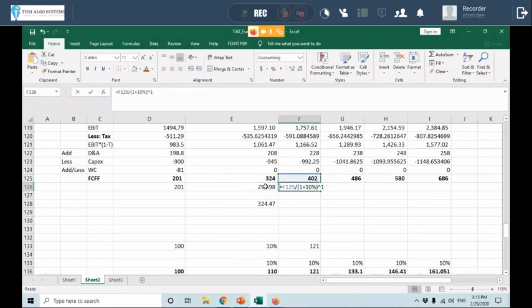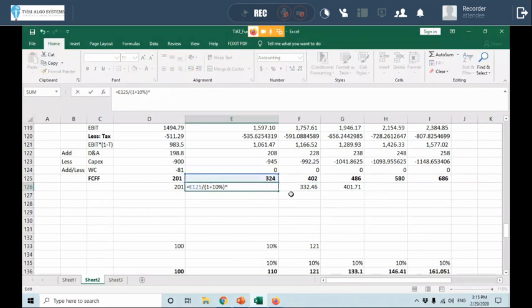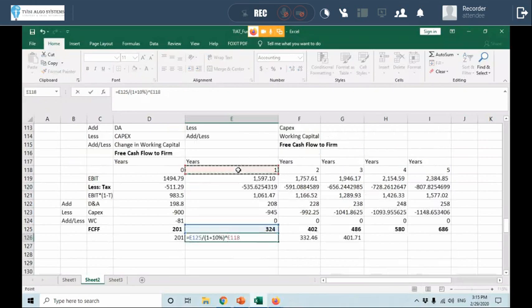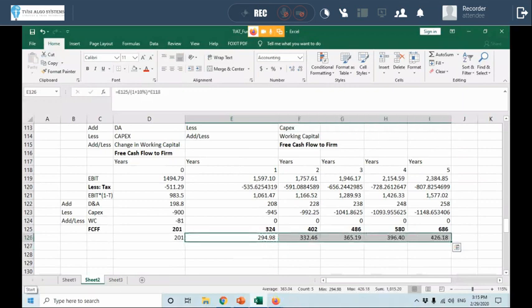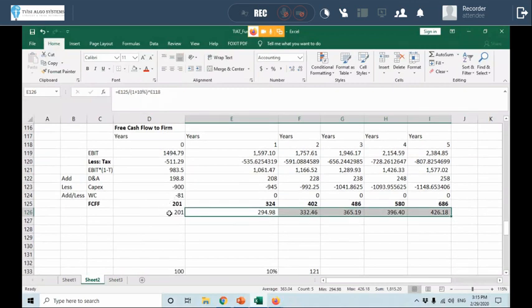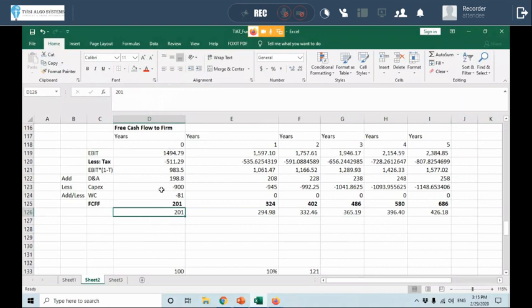Similarly, this year it will be 2 because you are earning this after 2 years, and this will be 3, and so on. So every year your business is earning you this much. The present value of this amount is 201 because this is the amount you are earning right now.